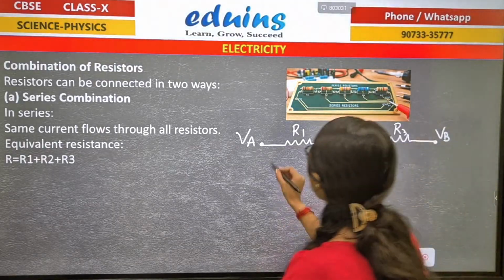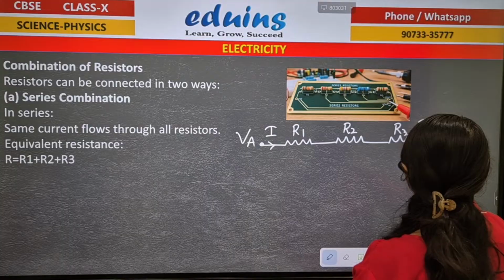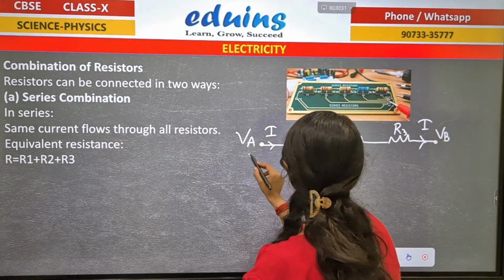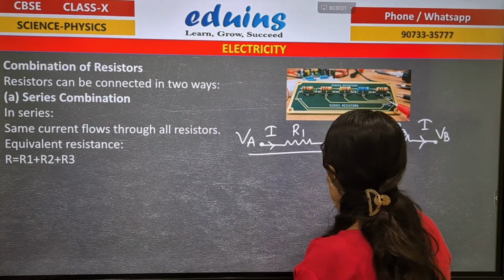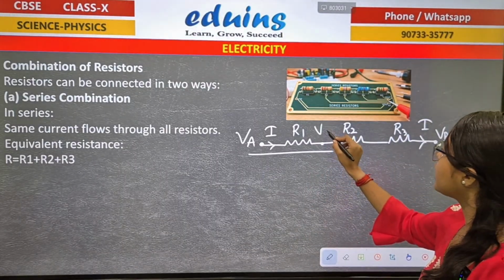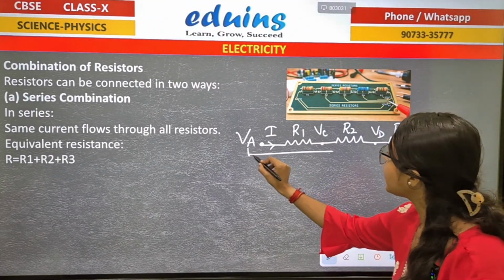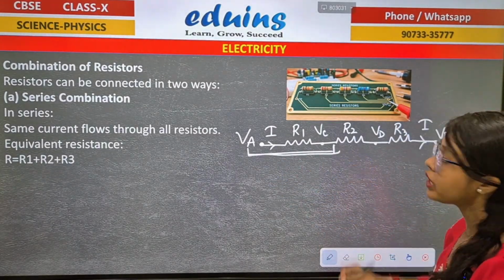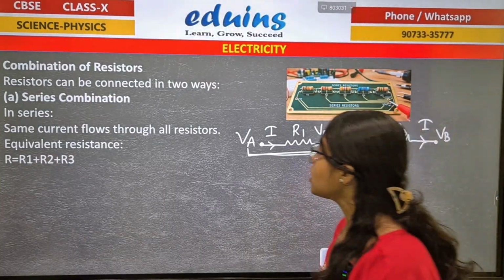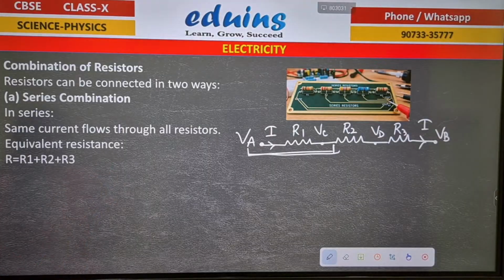Now, current I is flowing through the circuit. We have to determine the first part. We take another potential, VC, here. Now for only this part of the circuit we have to determine VA minus VC. For R1, the current I is the same for everyone.